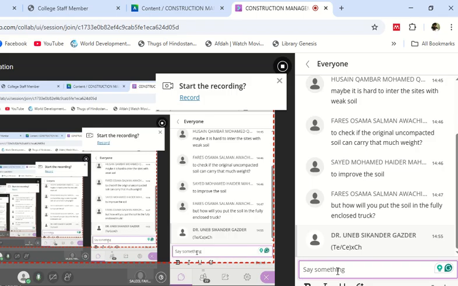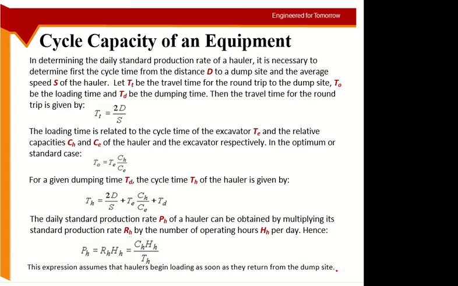It depends on the time required by the excavator to excavate that much material which will fill the hauler. So if the hauler requires 3 cubic meters of material and the excavator takes 2 hours to excavate 3 cubic meters, then this is the time which the hauler requires to fill.